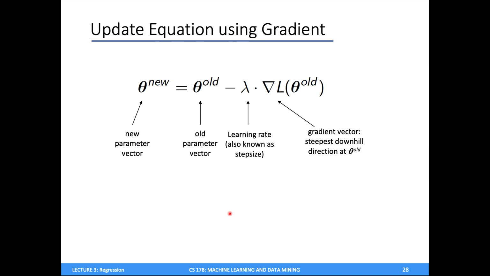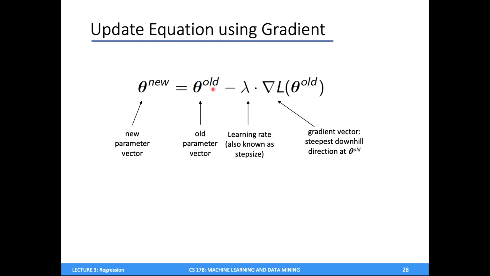This leads to our update equation for the gradient descent algorithm. We'll see this algorithm probably 25 times during the course of this course. It's quite general, but today we'll see it just in the context of linear regression. The idea is that if we want to update our parameter vector to some theta new, we start at some value, theta old, and take a step in the direction of the gradient, where the size of this step is controlled by a parameter lambda, which is called the learning rate or the step size.